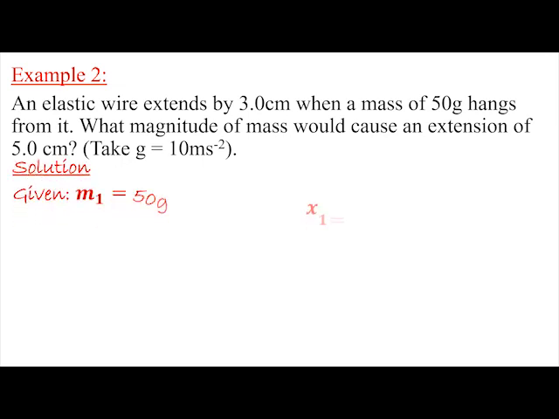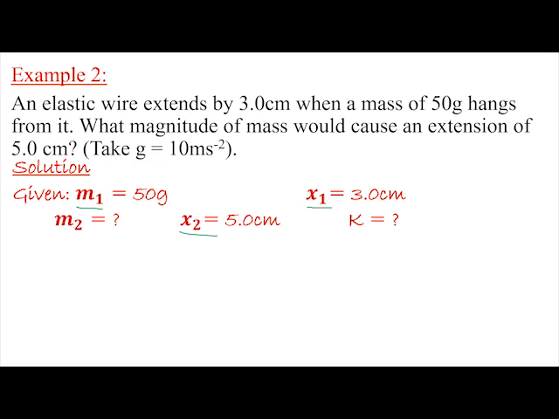Now, by itemizing the given parameters, we could see the following, in which K is unknown and M2, which is what we are looking for, is unknown. By considering all this, we could first compute our K from M1 X1, and the corresponding value of K would be used with X2 to get M2.